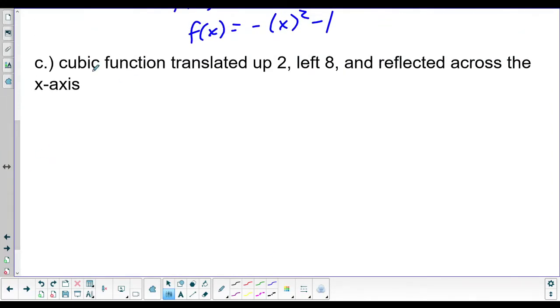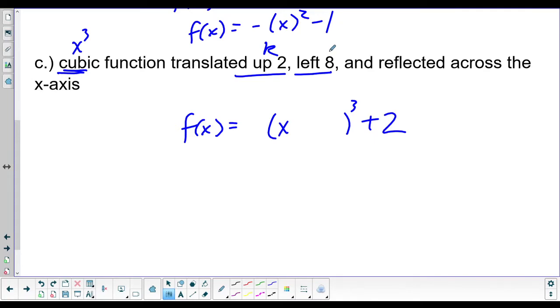Last one. We want to write a cubic function, so we're going to put f of x equals cubic, means x cubed, right? You can see the word cube in there, sort of. So we're going to have parentheses, just like we did up there. Put a 3 on it for cubed, because cubes are 3-dimensional. Translated up 2, that's a k value, so we'll put plus 2 for k. Left 8, that's an h value.